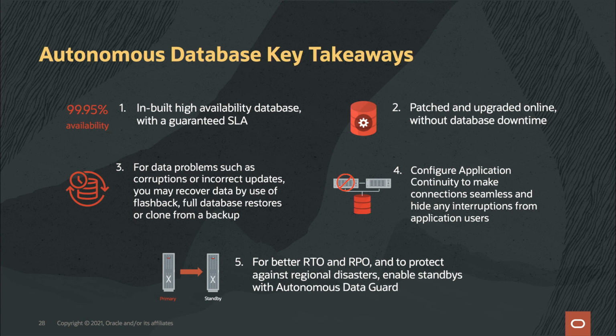We also found out about application continuity and how it makes connections between apps seamless and hides any interruptions from users. And finally, we learned about Autonomous Data Guard, and for better RTO and RPO and protection against regional disasters, we would be enabling cross-region and local Autonomous Data Guard.